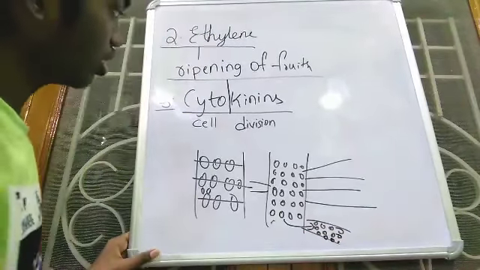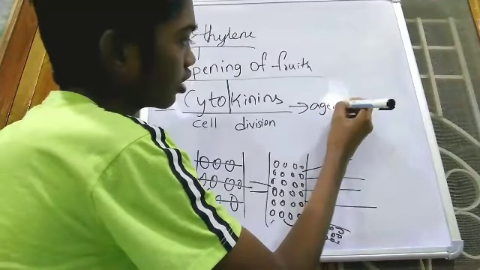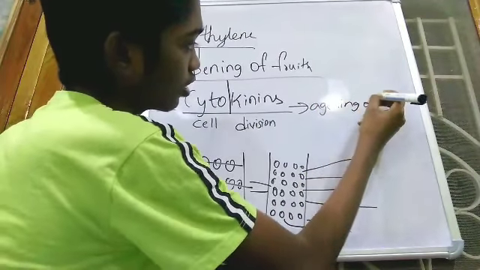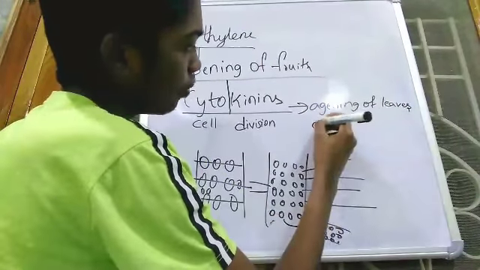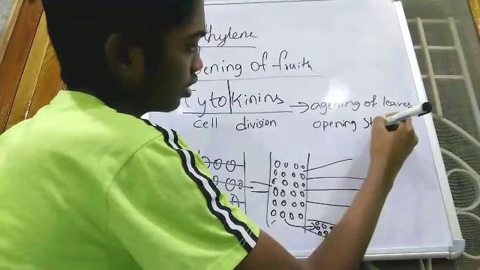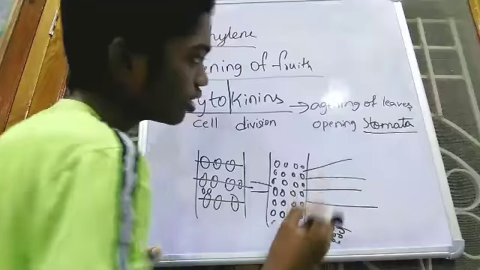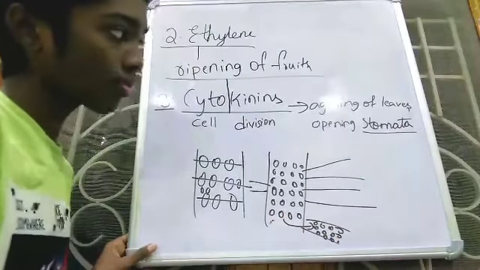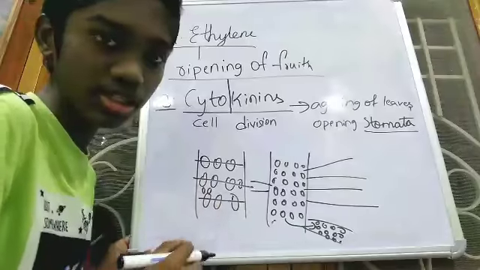Now this is the cytokinins, and cytokinins also helps in delaying the aging of leaves. And cytokinins helps in opening of stomata. We know that stomata are present in the leaves of the plant and help in the process of respiration.